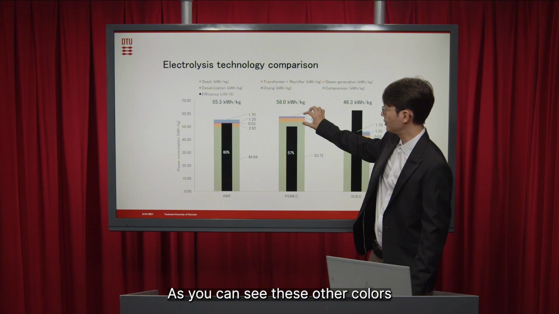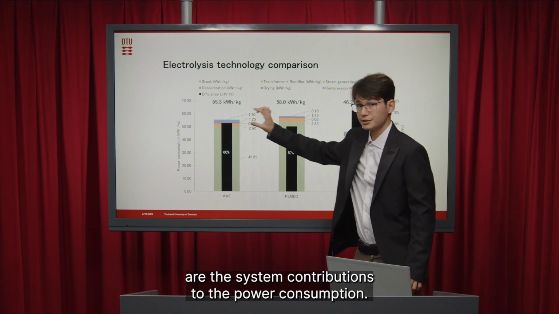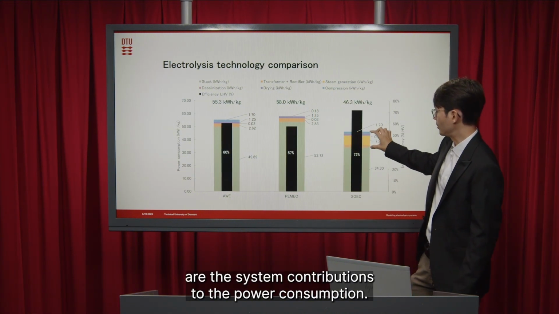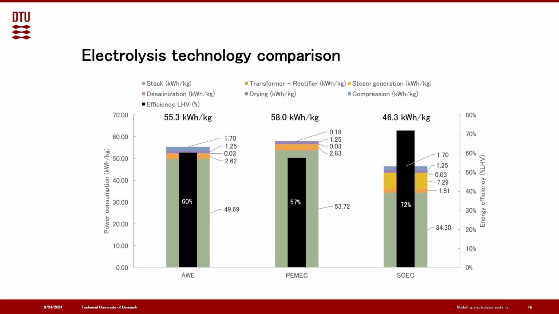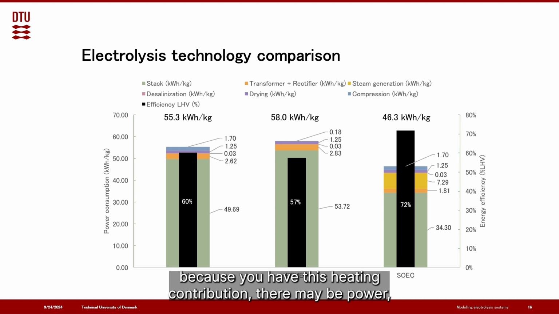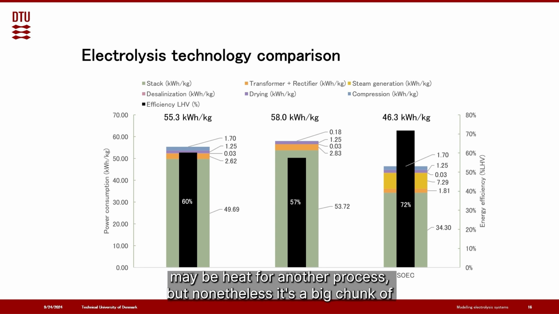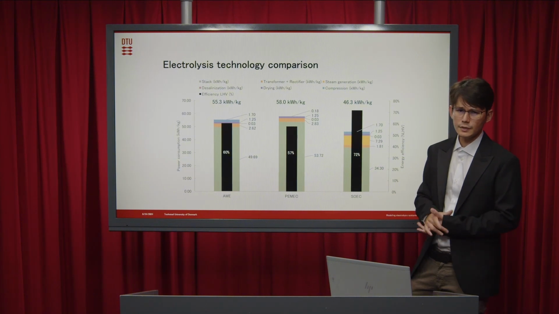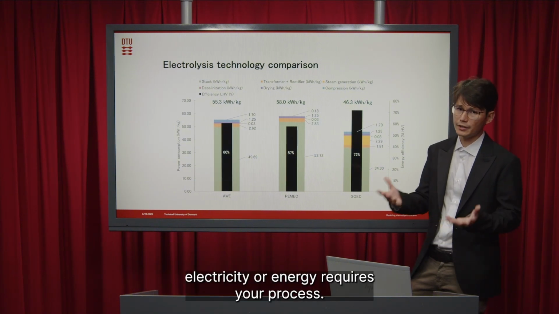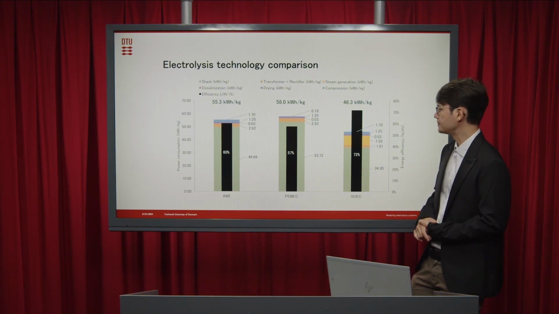As you can see, these other colors here are the system contributions to the power consumption, especially for the high temperature electrolysis, because you have this heating contribution that may be power, may be heat for another process, but nonetheless, it's a big chunk of how much electricity or energy your process requires.